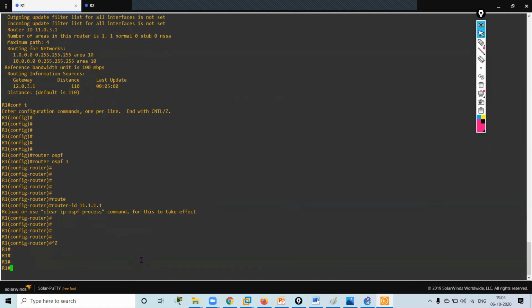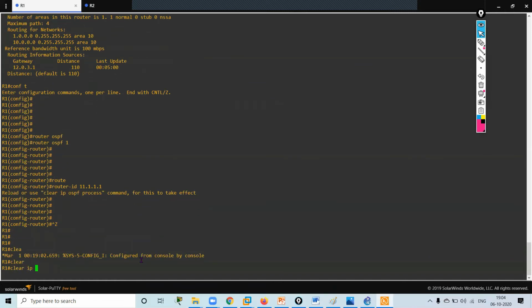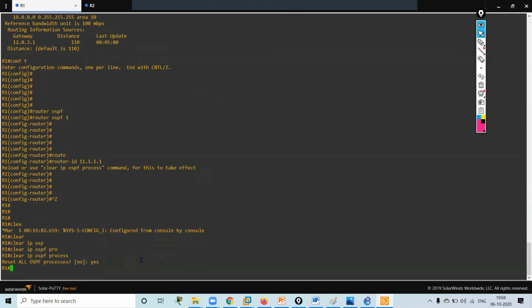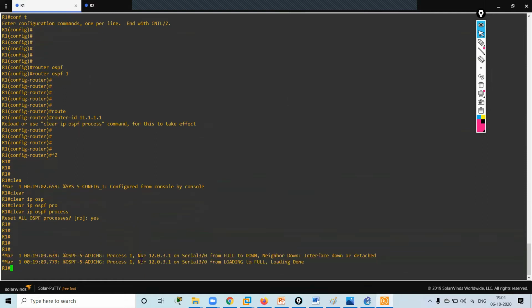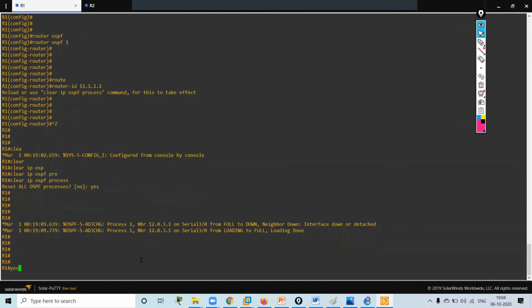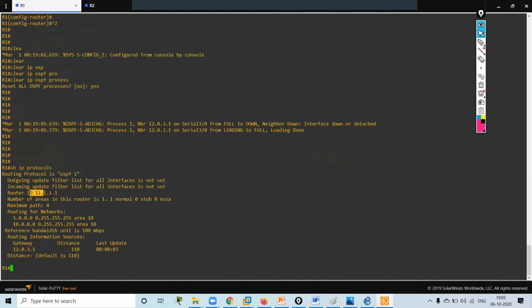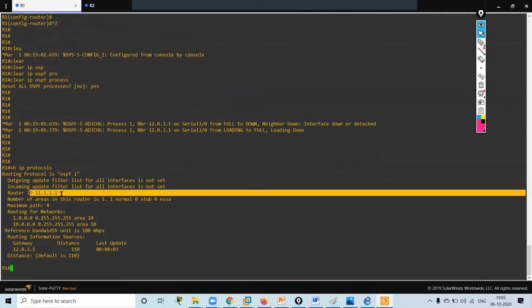So I need to give the command clear ip ospf process. It will reset the neighborship and the neighborship will come up again. If I see now, my router ID has changed to 11.1.1.1. This is how I can configure the router ID manually. Got it?